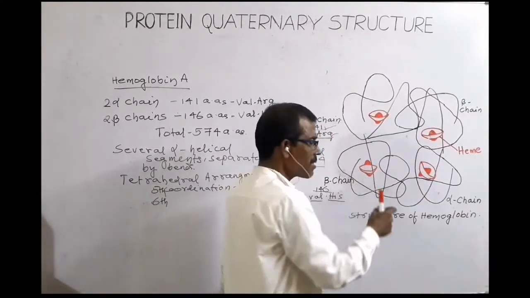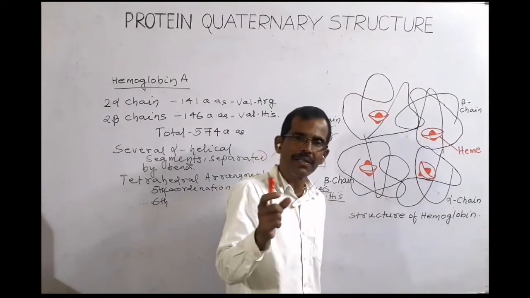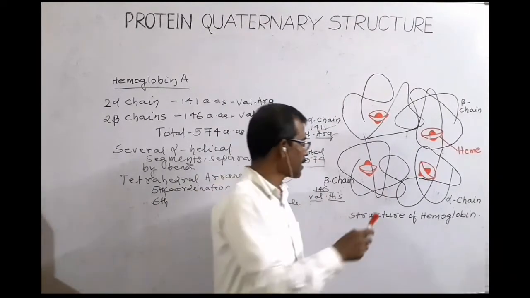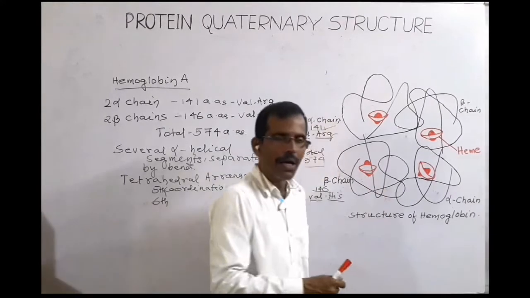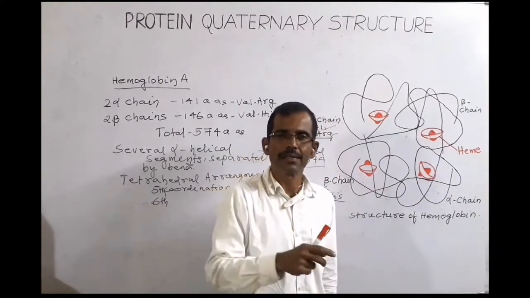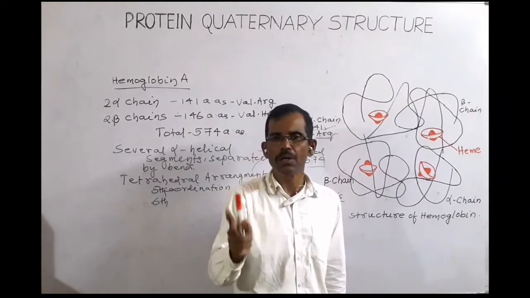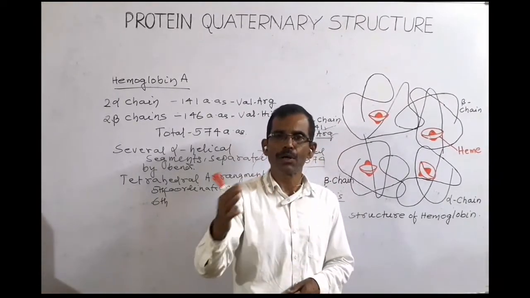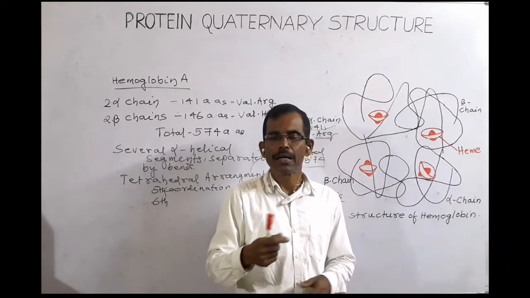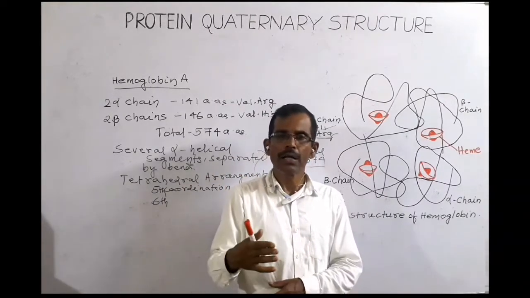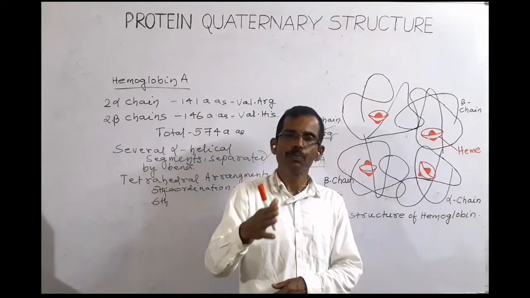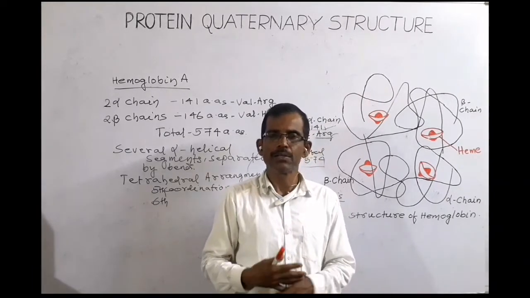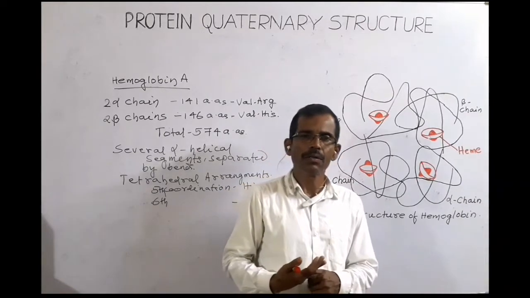The heme has an iron atom at its center, which has 6 coordination sites. Out of 6 coordination sites, 4 are occupied by the nitrogens of the tetrapyrrole ring, one is occupied by the R group of histidine, and the remaining coordination site is occupied by molecular oxygen.